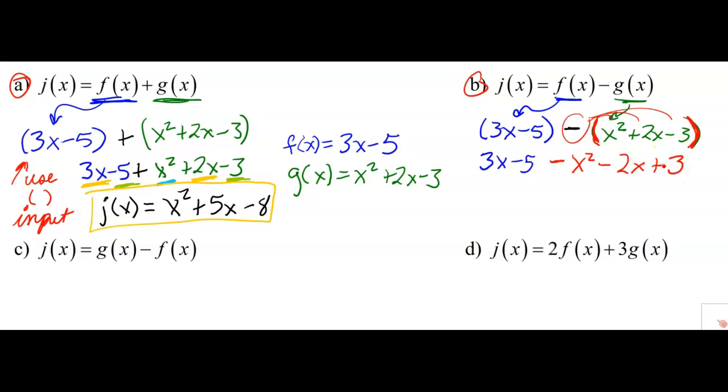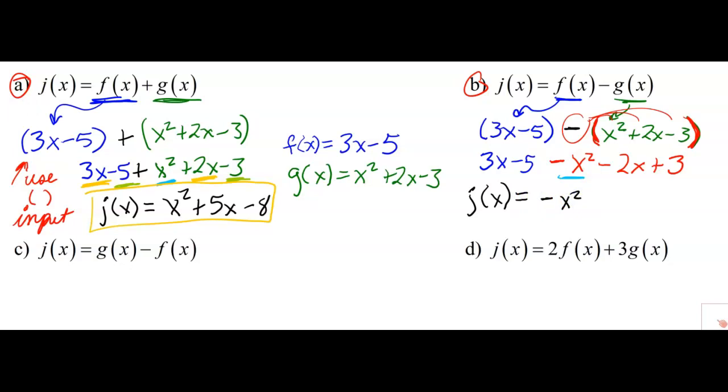When I subtract a positive, it becomes negative. When I subtract a negative, it becomes positive. Essentially, that negative changes all my signs. Now, once again, I've taken care of everything. I don't have any more parentheses. I now evaluate based on my like terms. So first, x squared, I don't have any other x squareds, so negative x squared.